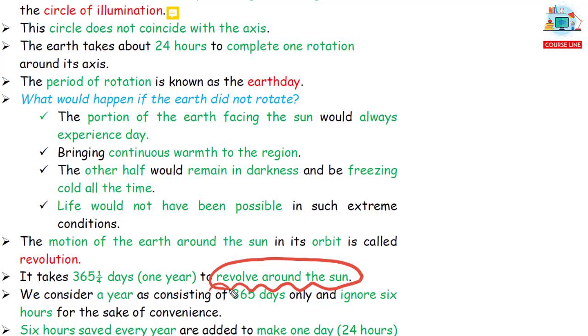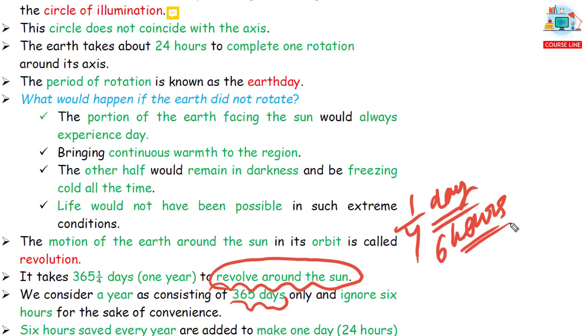Okay, but we consider a year as consisting of 365 days only. Why are we leaving out 1/4 of a day? We are ignoring 1/4 of a day, that is 6 hours.